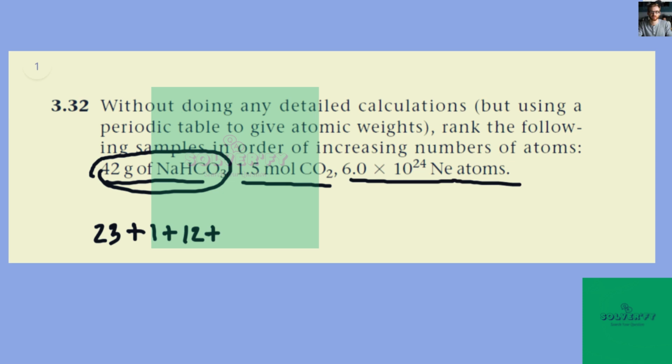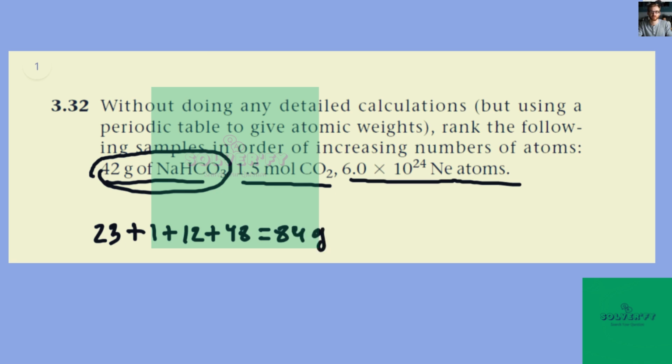These are the molar masses of each atom present here, and we have 3 oxygen, and for oxygen it is 16. So for 3 oxygens it will be 3 times 16 or 48, and this will give us a value of 84 gram.